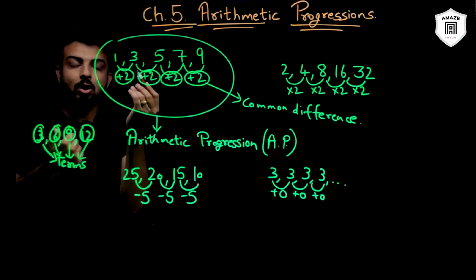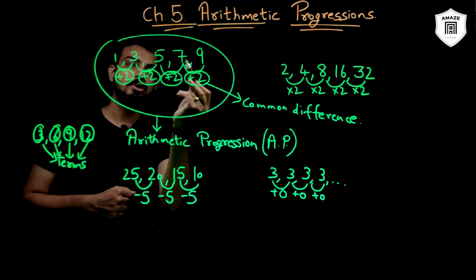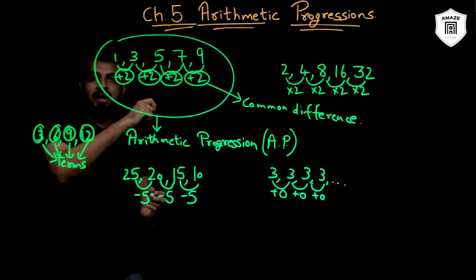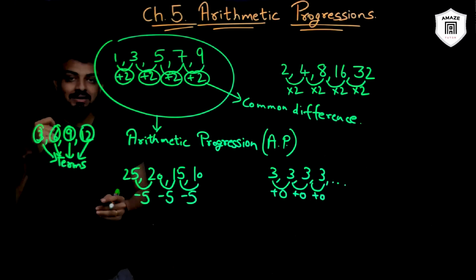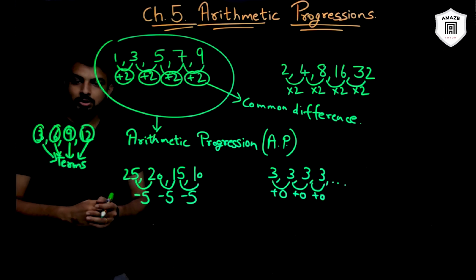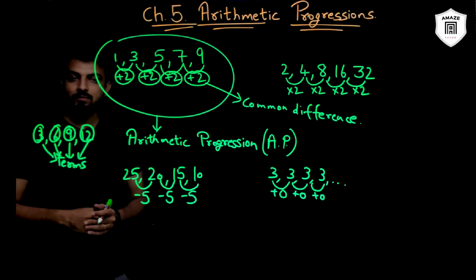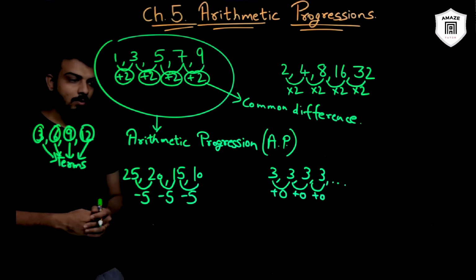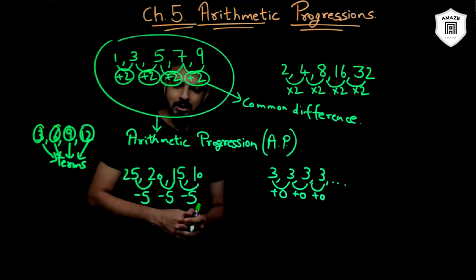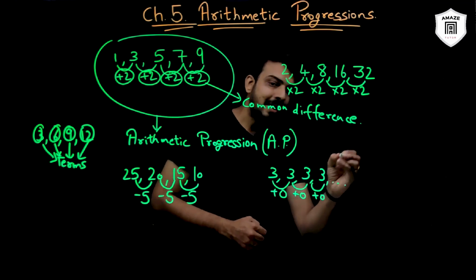This is the first term, this is the second term, this is the third term, this is the fourth term, this is the fifth term. So each number in the list is called a term in the arithmetic progression. So here, what is the second term? 6. What is the fourth term? 12, right?